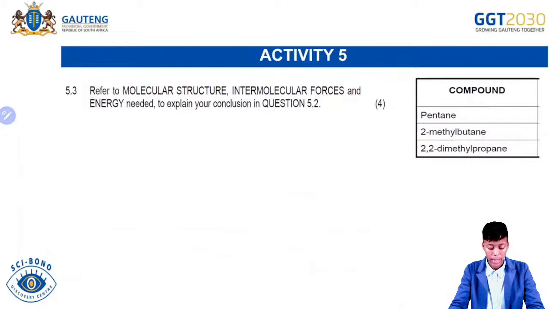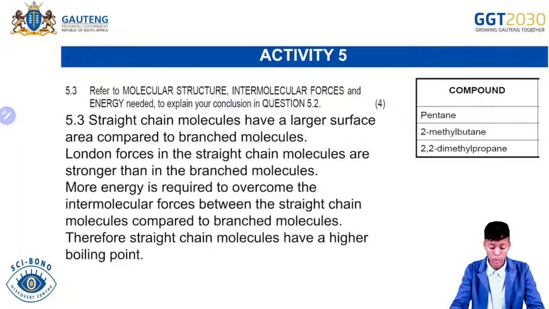Then the next question says, refer to molecular structure, the intermolecular forces, and the energy to explain your conclusion in question 5.2. So it says, yes, straight chain molecules have a larger surface area as compared to branched molecules.